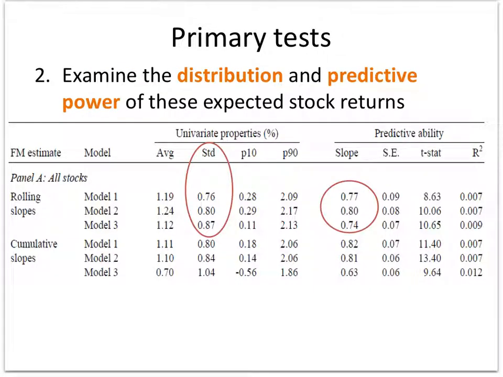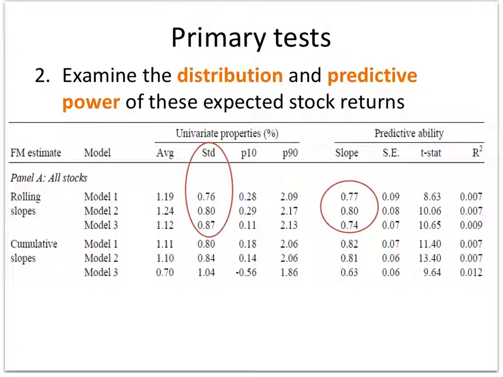So the second test, we look at the distribution, the mean, and the standard deviation, as well as the predictive power of those expected stock returns derived from the FM regression. And we're going to see how those forecast expected stock returns line up with the realized stock returns.